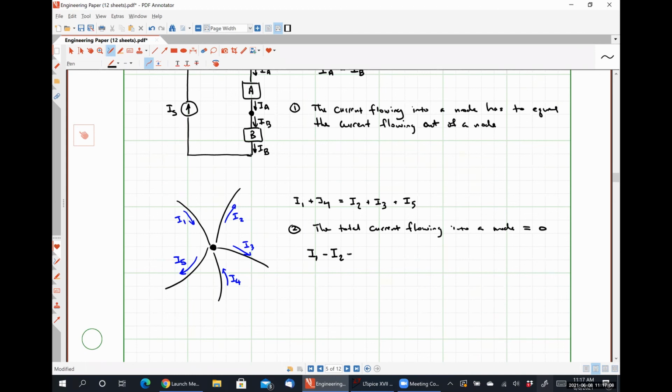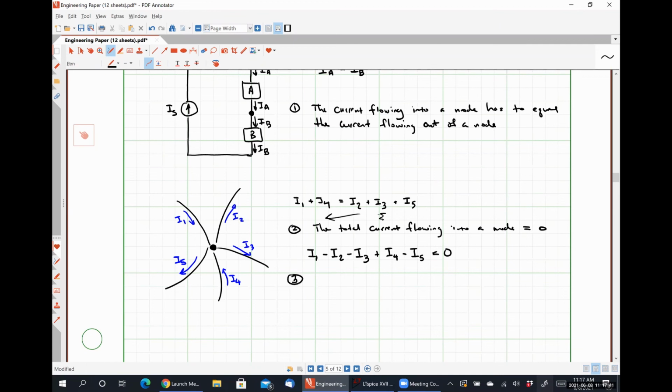Similarly, negative I3 is flowing in, positive I4 is flowing in, and negative I5 is flowing in. And the sum of all of these has to be equal to 0. This is the exact same mathematical expression that we would get if we took the right-hand side of this equation and moved it over to the left-hand side.